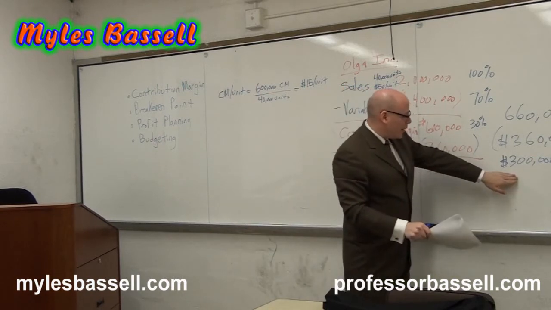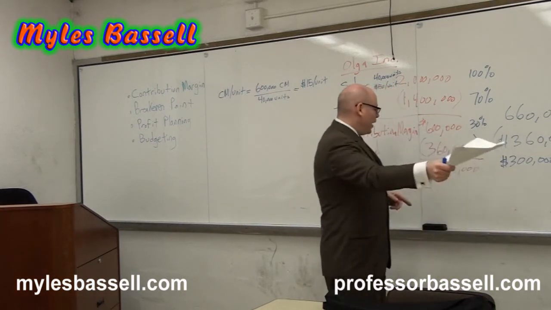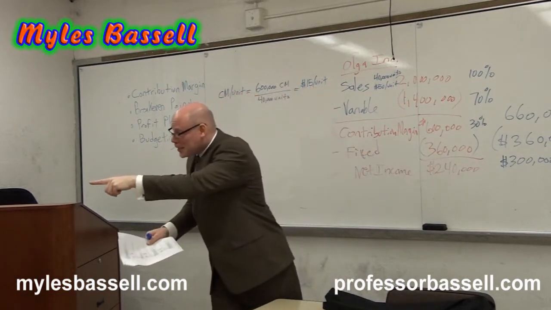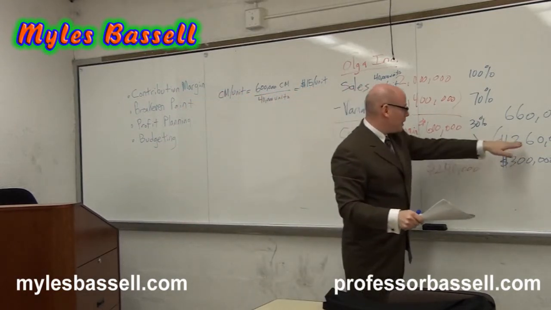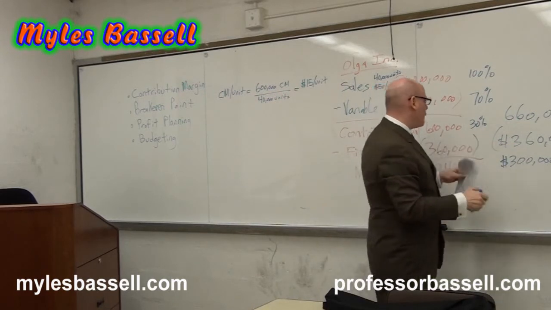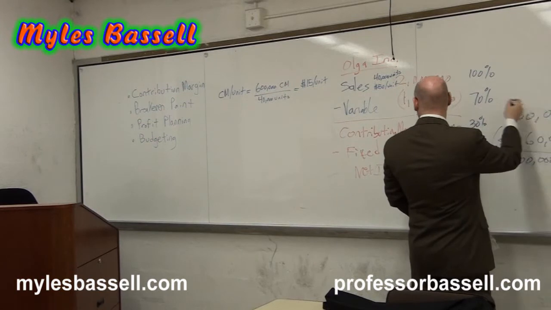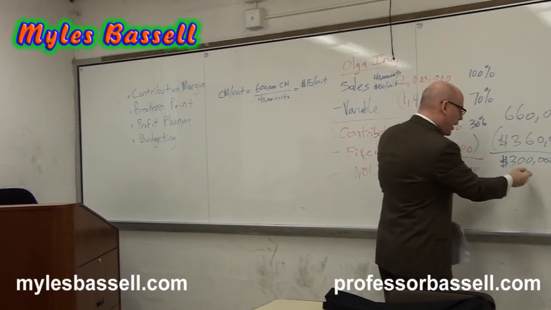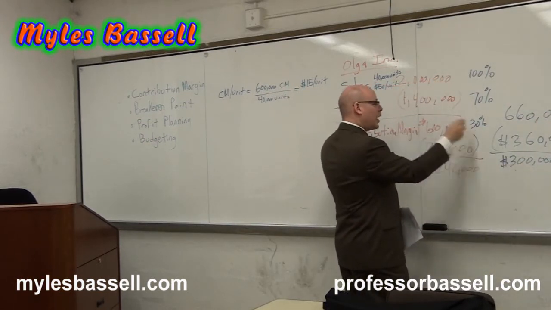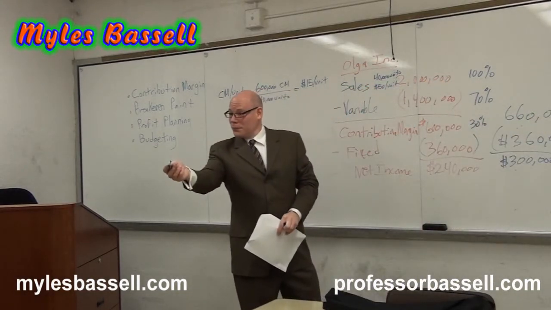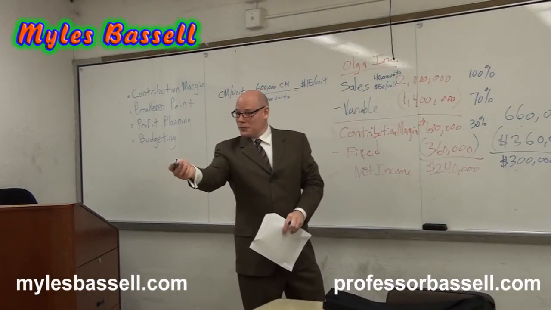We know that our target is 300,000, and fixed costs are costs that are fixed, so that's 360,000. If we subtract 360,000 from the contribution margin and get 300,000, that means the contribution margin must be 660,000. Everybody follow?